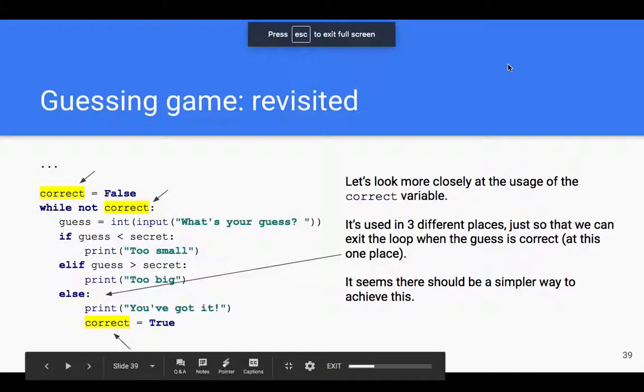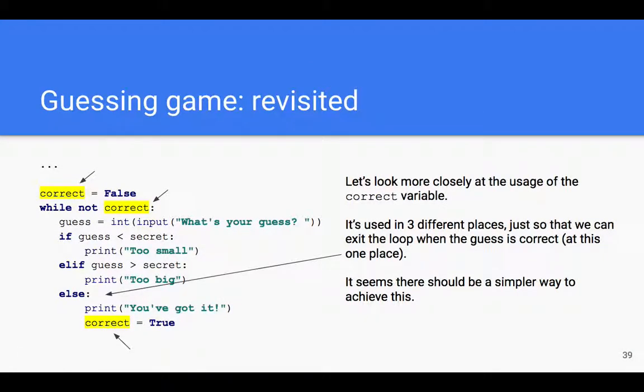Now, if we look at the guessing game that we wrote last time, one of the things you might notice is we have this correct variable, which represents whether the user guessed the secret correctly or not. It's used in three different places, and its whole purpose is so that we can get out of the loop when the user gets the secret.